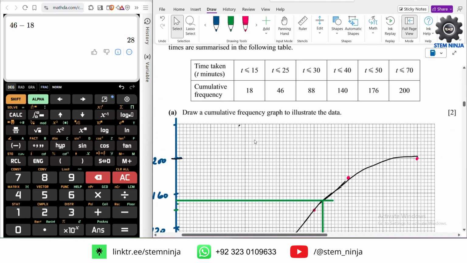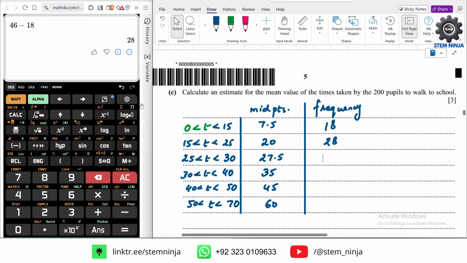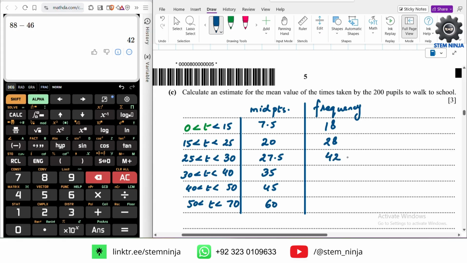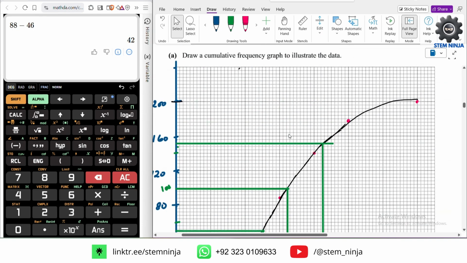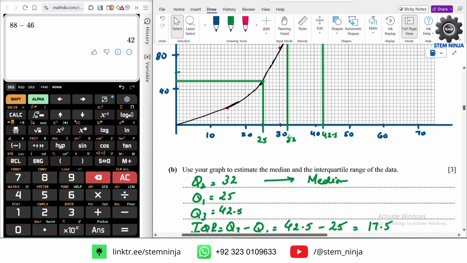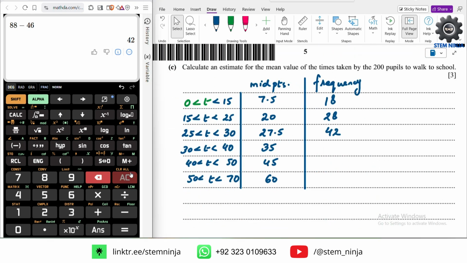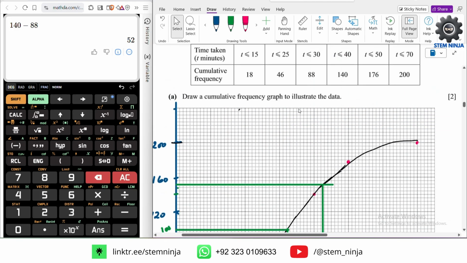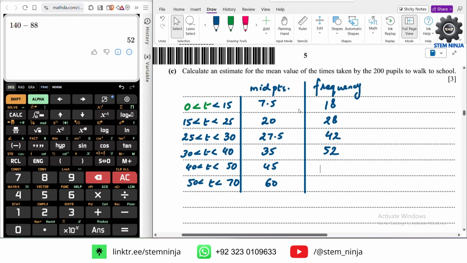Then the next one after that is 88. So 88 minus 46 is 42. Then 140 minus 88, 52. Then 176 minus 140, that's just 30.